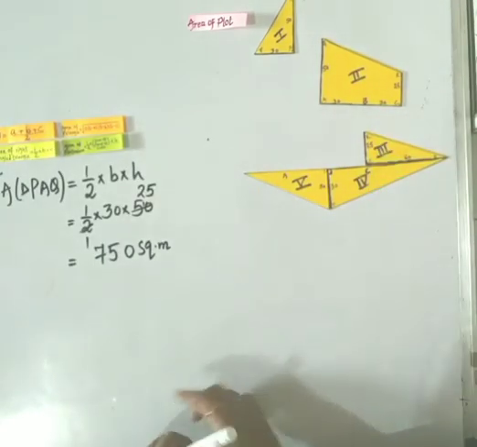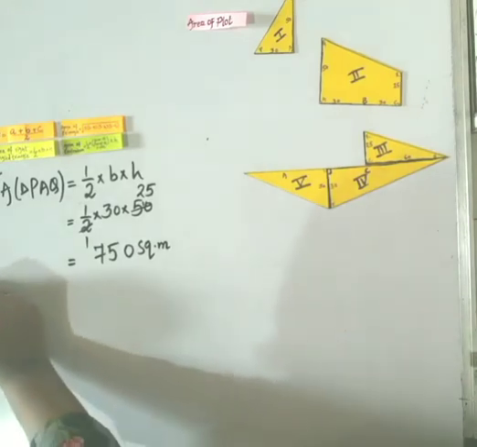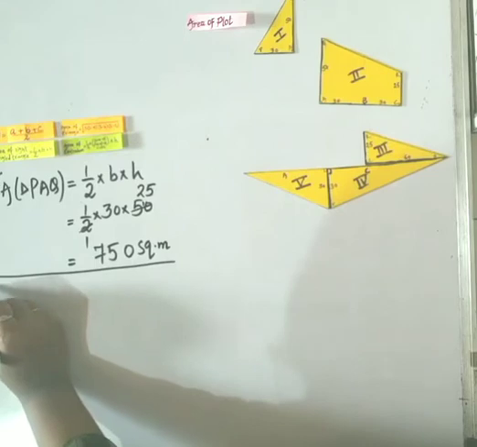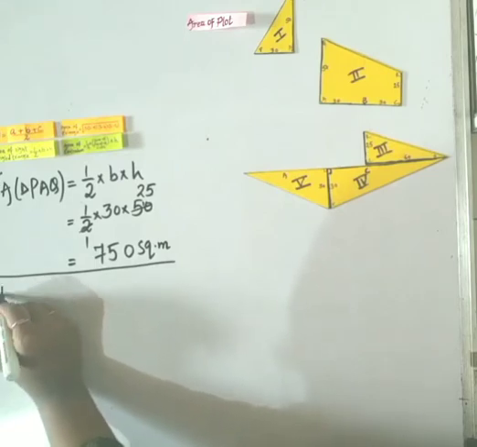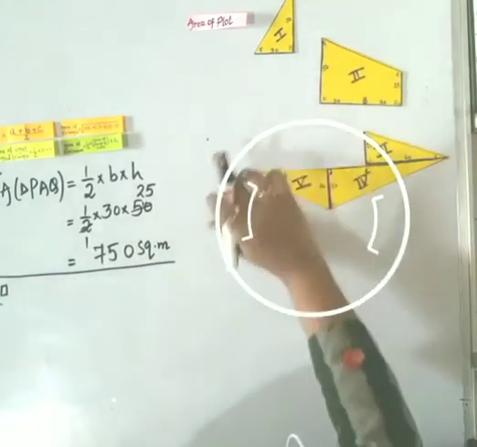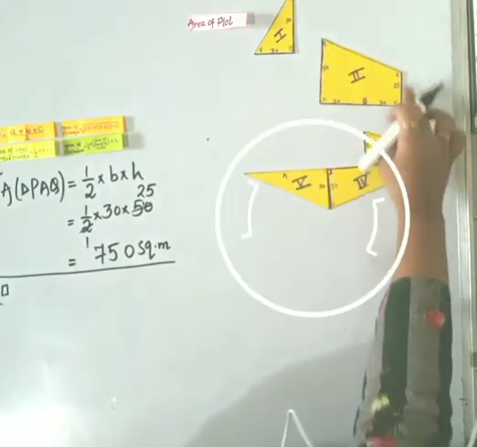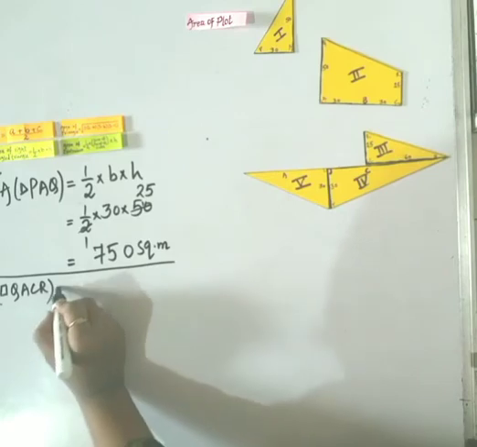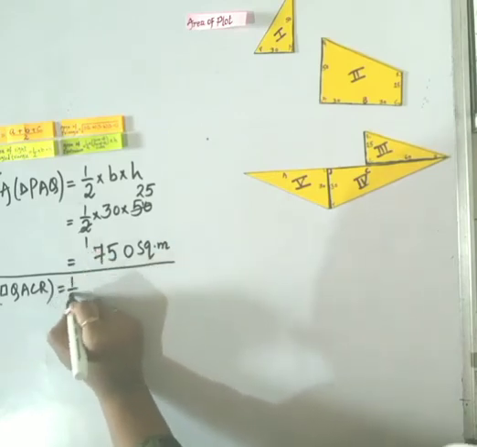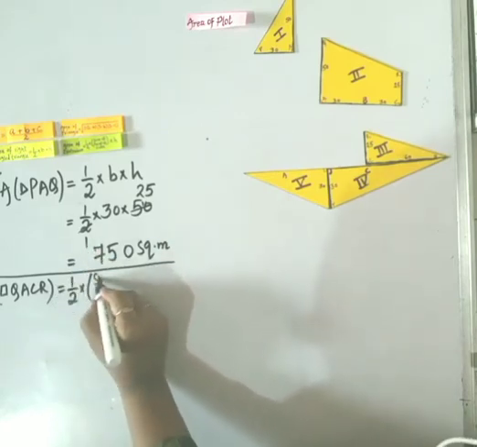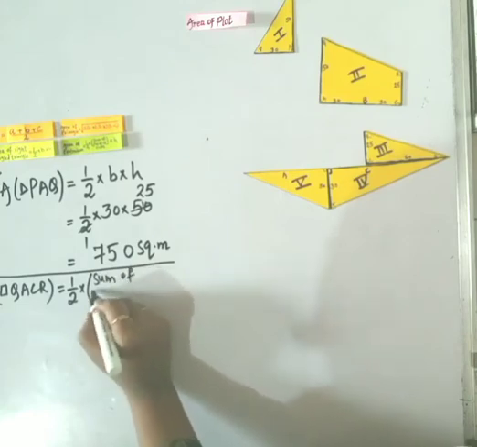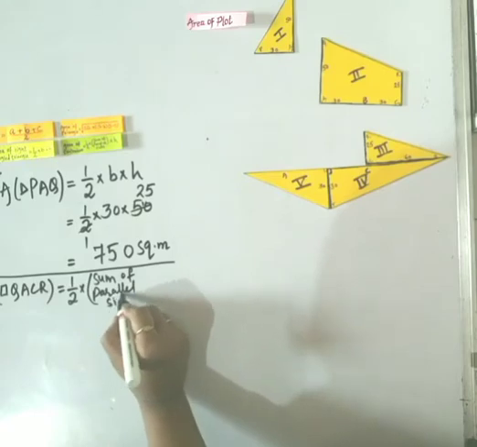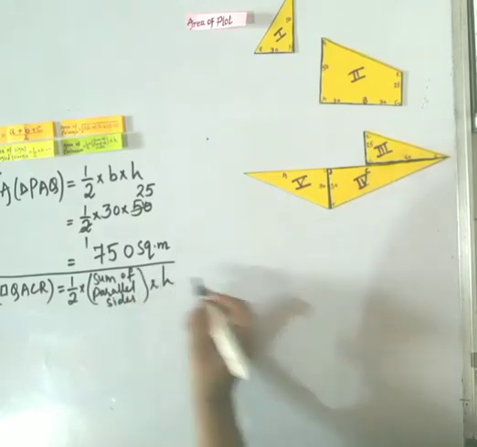Okay, so let's find the area of the second part, which is of trapezium shape. Area of trapezium, what is the name of this trapezium? QACR. So I will write QACR is equal to, the formula is 1/2 into sum of parallel sides into height.